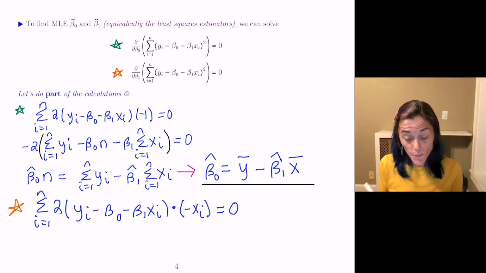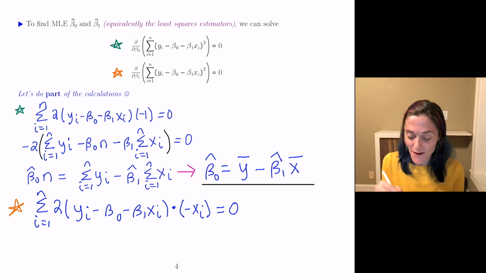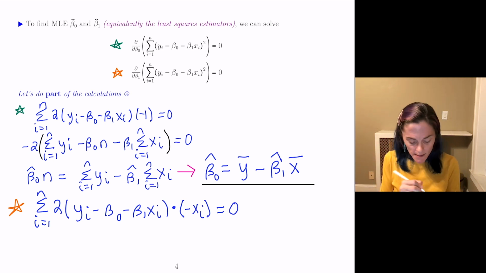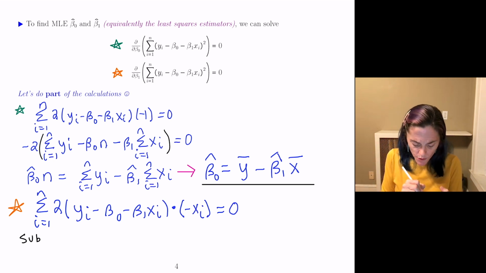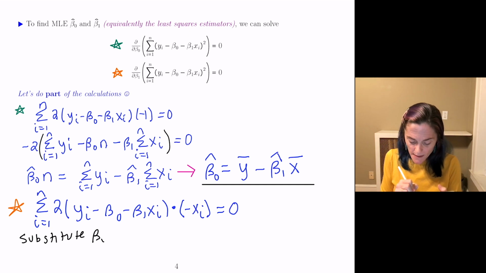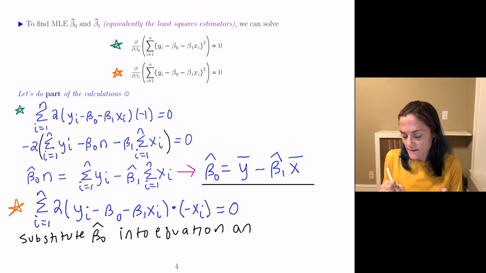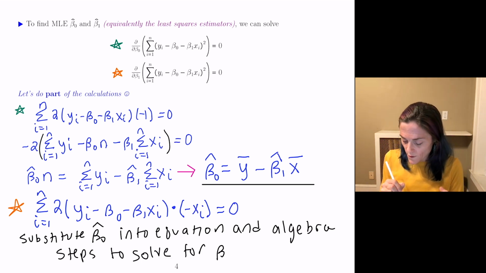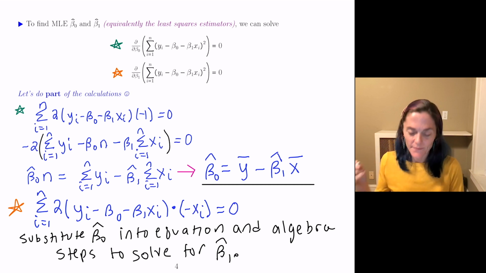Okay, so at this point, I will give you guidance as to what comes next. We will substitute this beta 0 hat into this equation. And we can do some algebra to solve for the beta 1 hat.